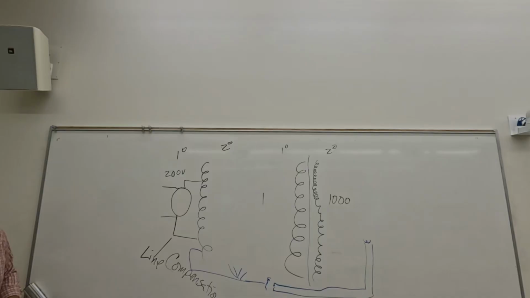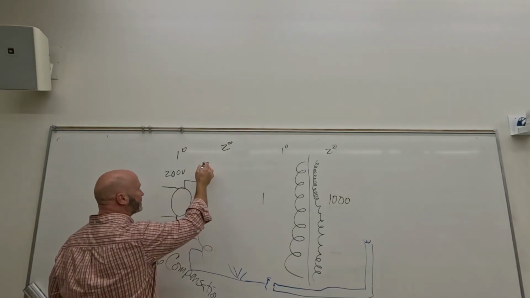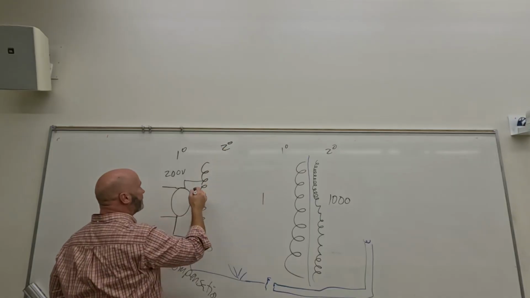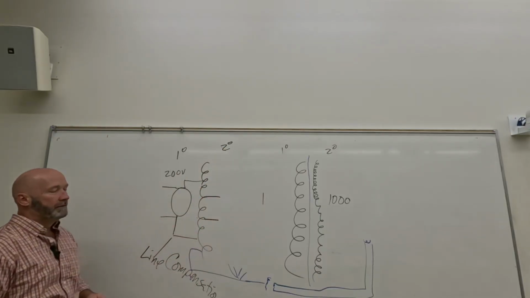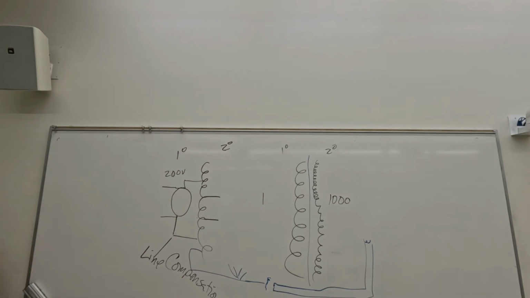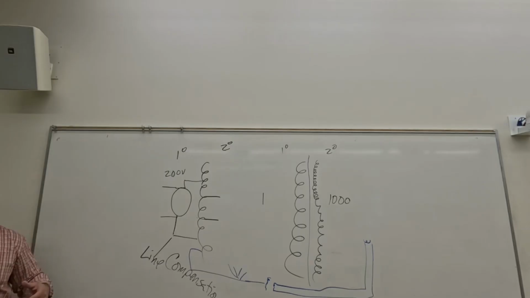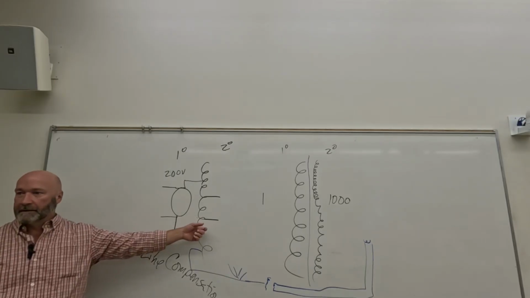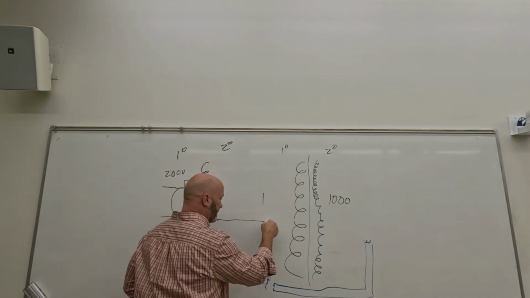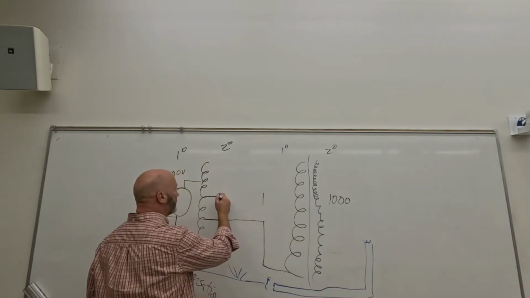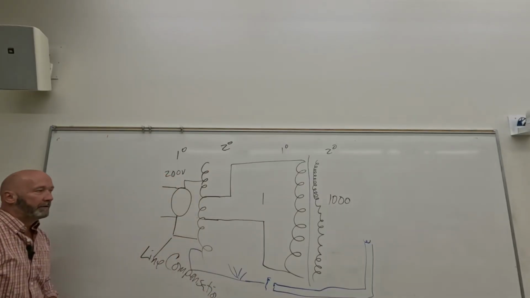And let's say I have half as many turns on the secondary side as I have on the primary side. What's my voltage on the secondary side going to be? 100, right. So now I've got 100 volts that I'm going to feed into the high voltage transformer, okay?